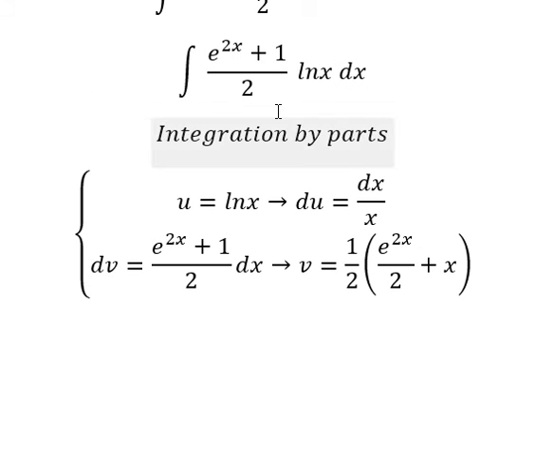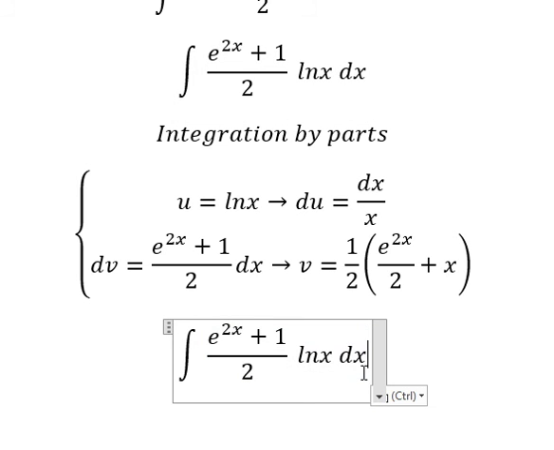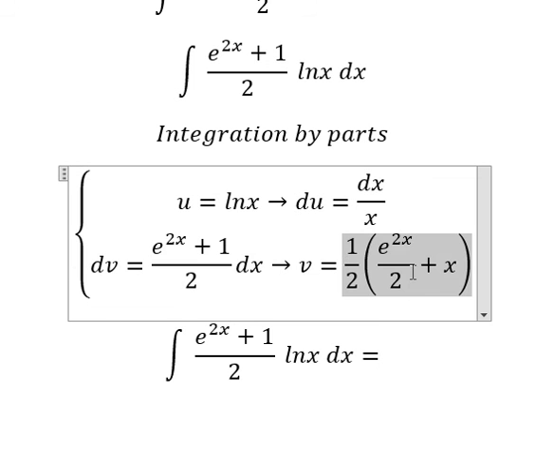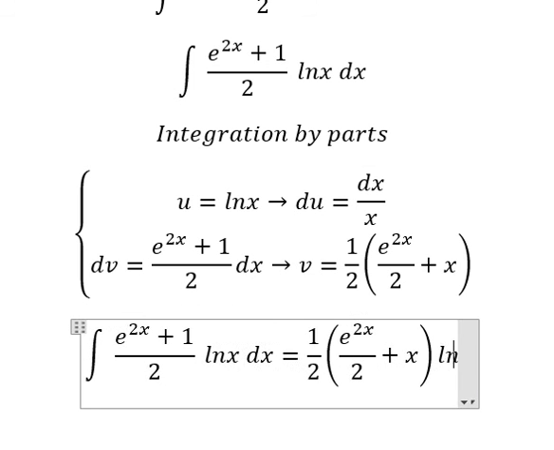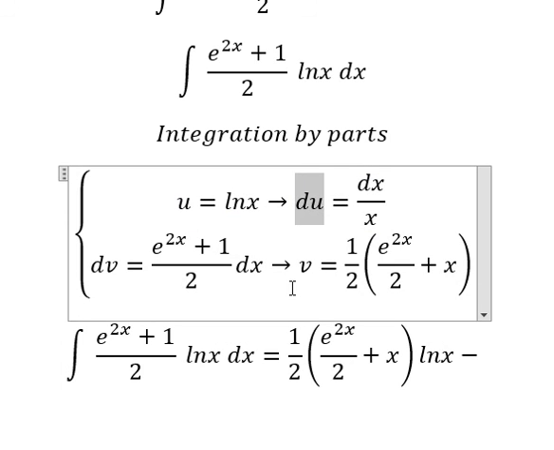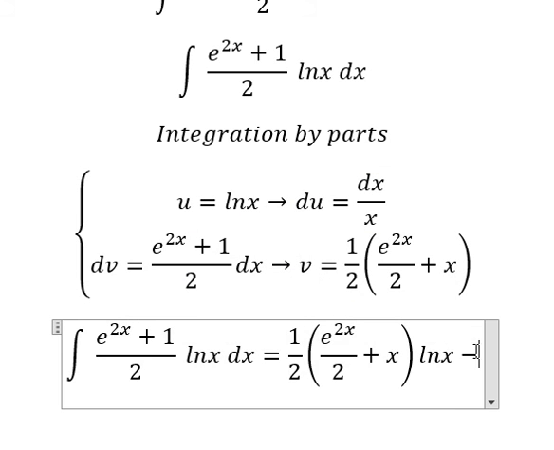Next, we have u multiplied by v minus the integral of v multiplied by u prime.